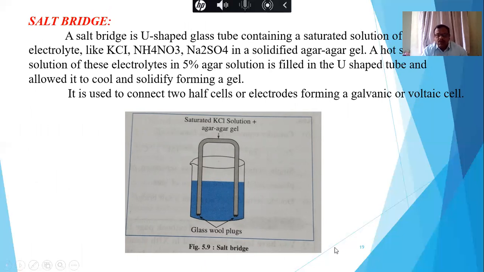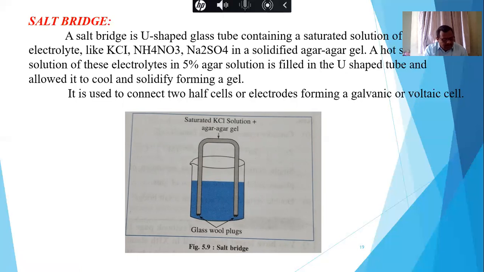Now we go on to an instrument which is very important in electrochemistry, called the salt bridge. So the salt bridge is nothing but a U-shaped glass tube. It contains a saturated solution of KCl, or it may also contain a saturated solution of ammonium nitrate or sodium sulfate in a solidified agar-agar gel.